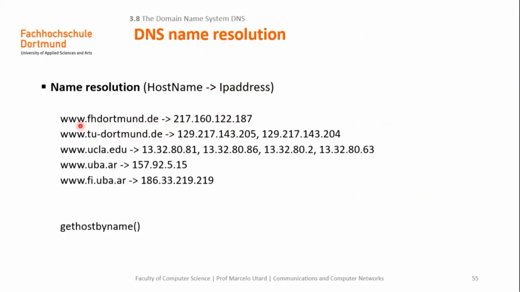Sometimes one DNS name is related to more than one IP address. For instance, in the case of Technische Universität Dortmund, we receive two addresses. In that case, the web browser could choose one of those addresses and try to access the website of TU Dortmund.